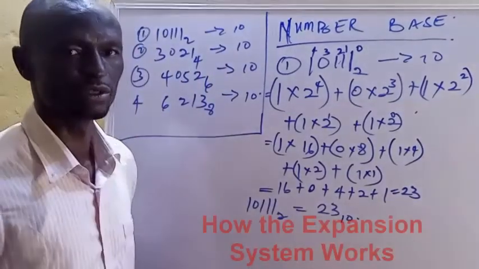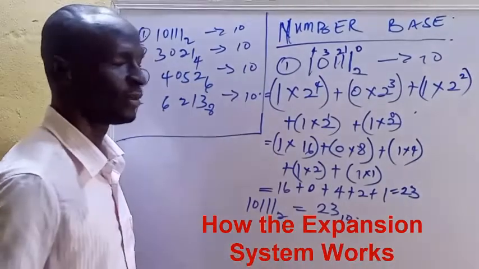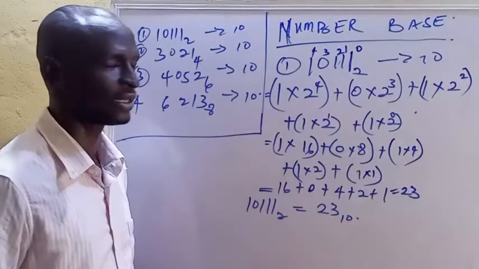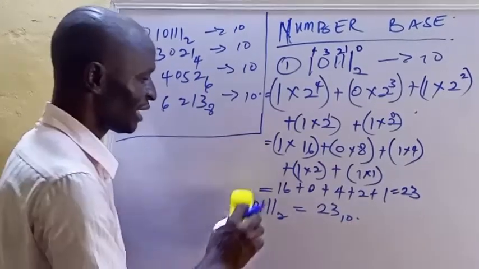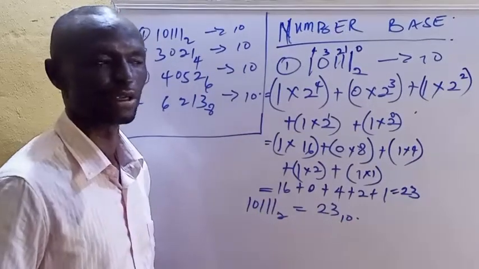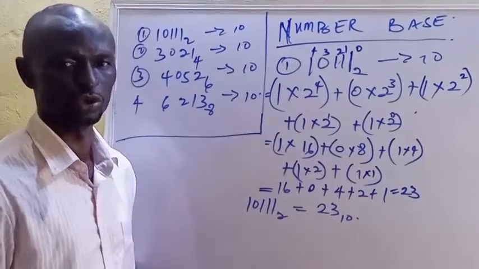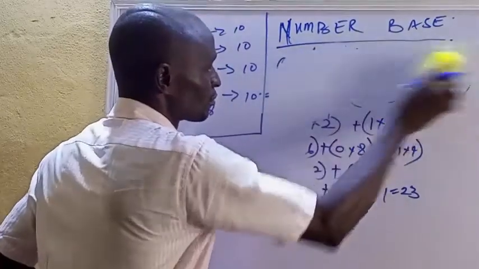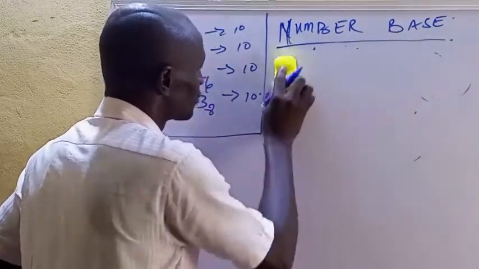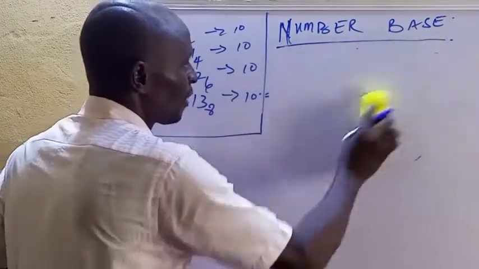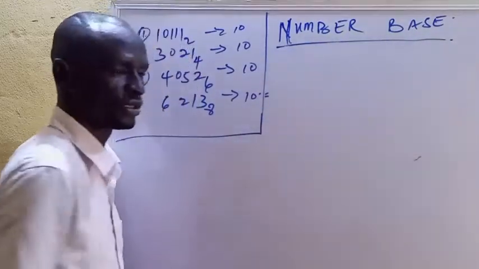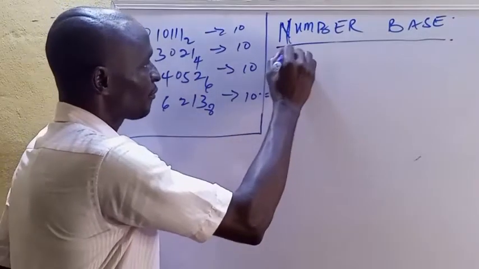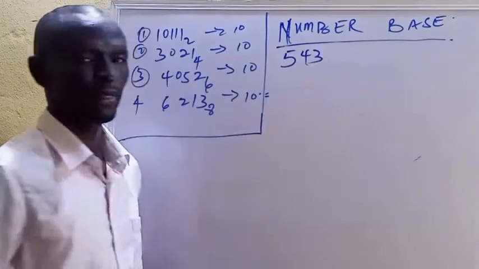Now, before I continue, I want to explain the basis of the expansion system so that you can easily remember it. An easy way to relate the expansion system is to relate it to your tens and your units. If I write 543 from our conventional methods, it's actually in base 10.